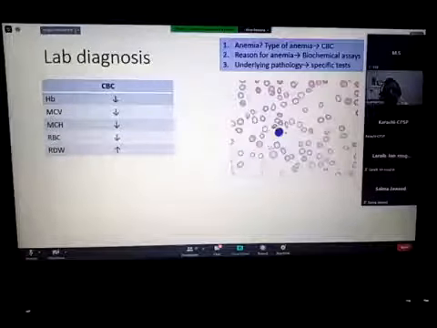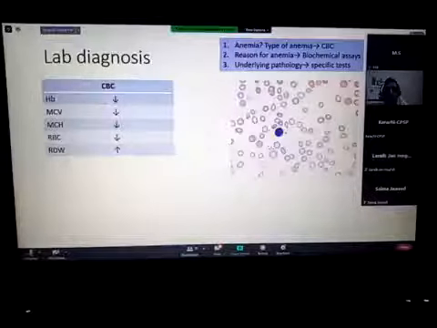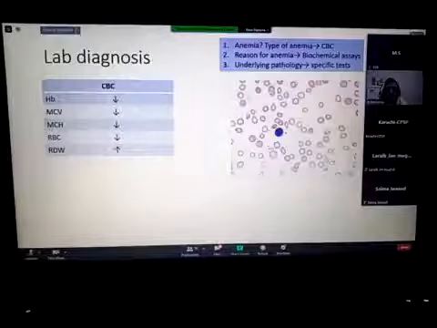So the red cell becomes smaller and smaller as the iron deficiency advances, therefore the RDW increases.